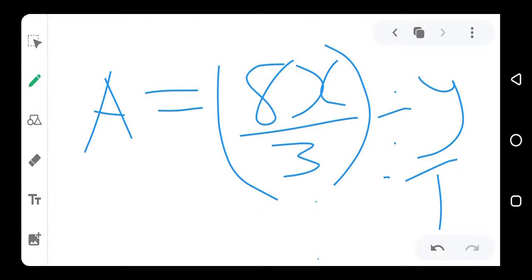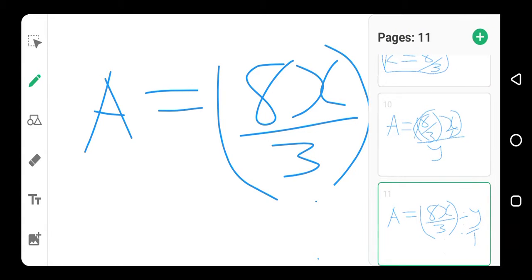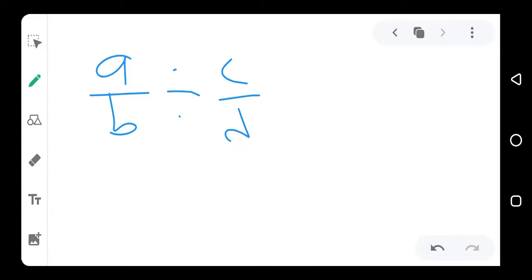Now, whenever you have something like this, if you have A over B divided by C over D, when you have two fractions that are separated by division, you write the first one and then you invert the second one and change the division to multiplication.